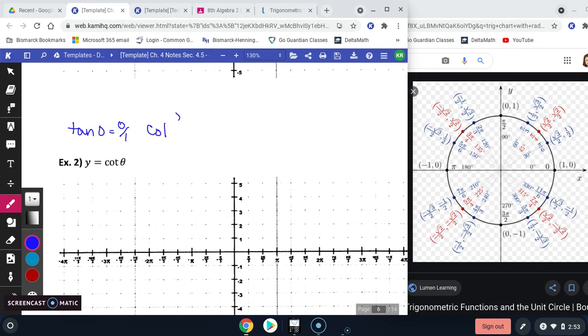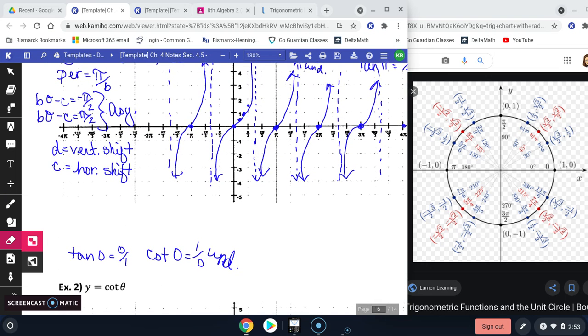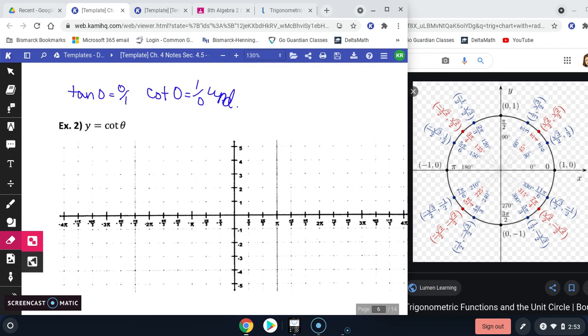So the cotangent of 0 is going to be the reciprocal, 1 over 0. Well, 1 over 0, that's undefined. So everywhere that tangent is 0, you're going to end up with cotangent being undefined. Or everywhere tangent is 0, cotangent has an asymptote.